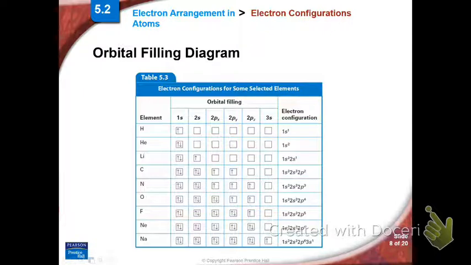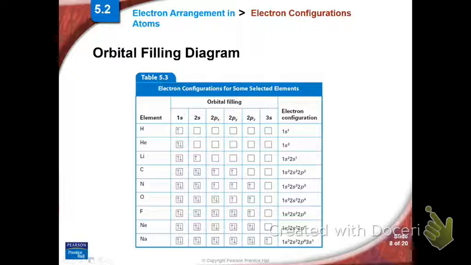Oxygen's atomic number is 8. It'll have 8 protons, 8 electrons. First 1, 2. Then we go 3, 4, 5, 6 to fill up all of our 2p orbitals. Then we come back and add our opposite spin for 7 and 8.